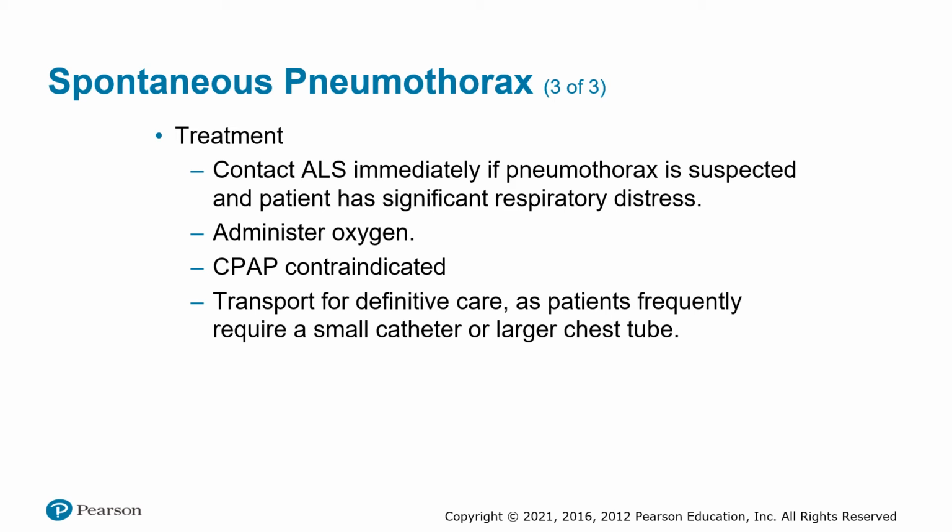ALS immediately if a pneumo is suspected or the patient has any kind of significant respiratory distress. Administer O2. CPAP is contraindicated in these patients because their lung is collapsed. There's nothing to inflate. So we're just going to do some transport to definitive care.